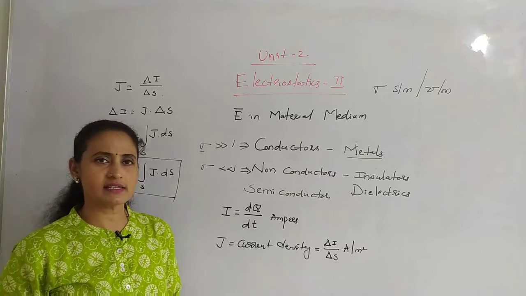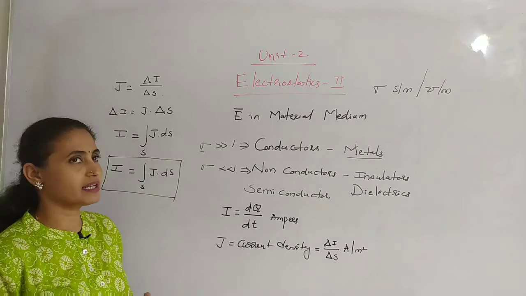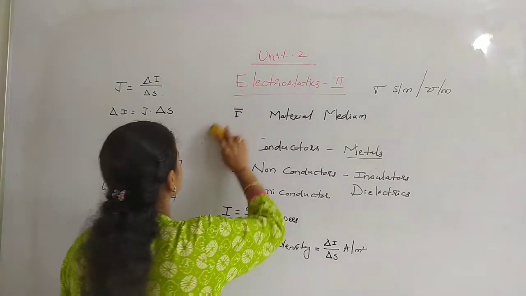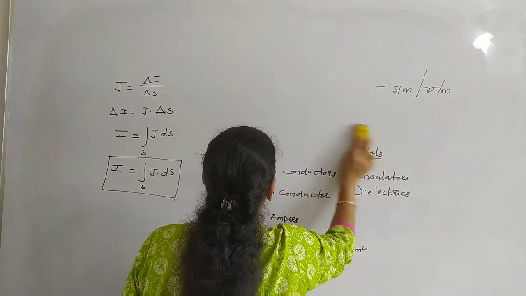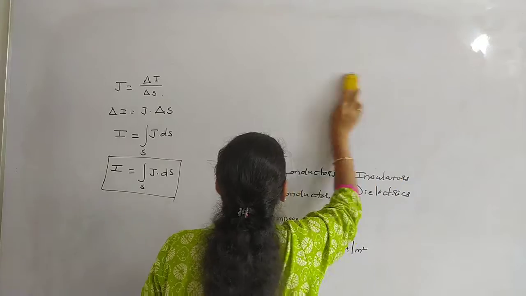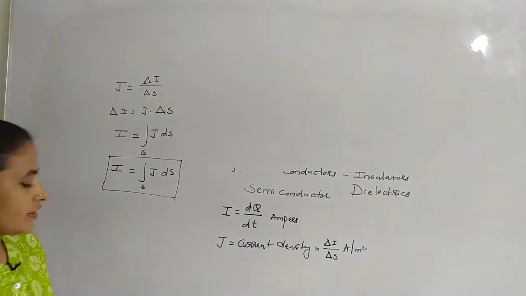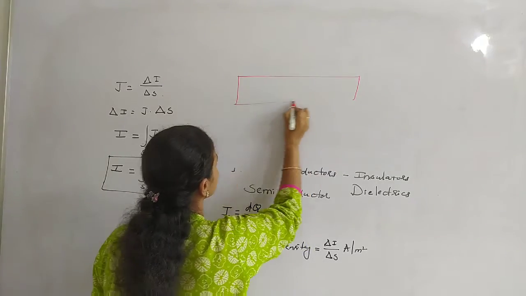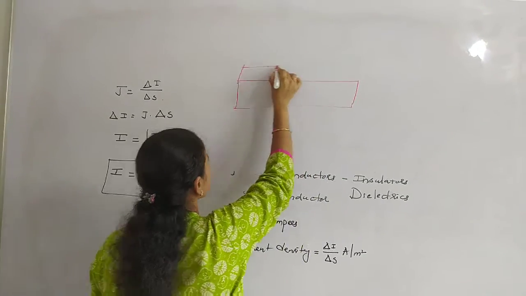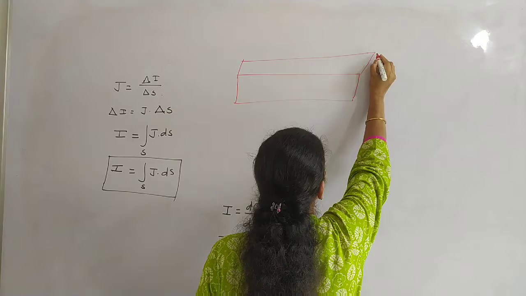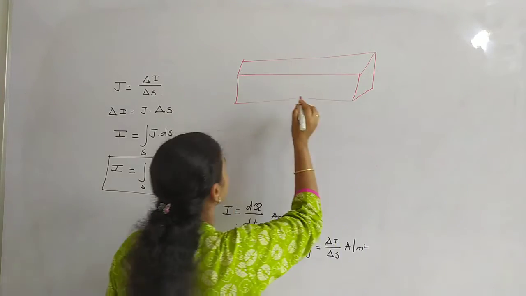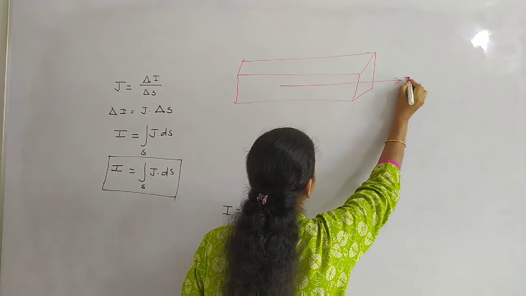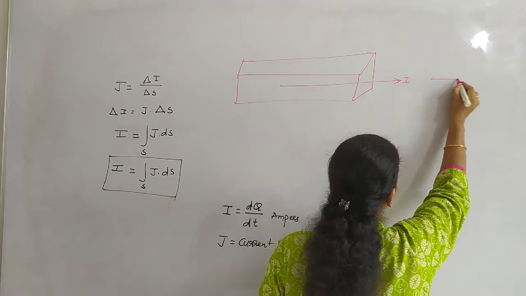Let us discuss in detail the current and current densities. For that, let us consider one filament. Let the current I be flowing through it along the y-axis.